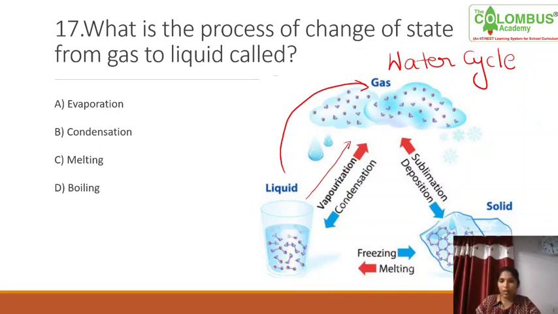Now gas again converted into solid, that we call deposition. Snowfall is an example. And the solid converted to liquid we call melting, right? See here: solid, liquid, gas.